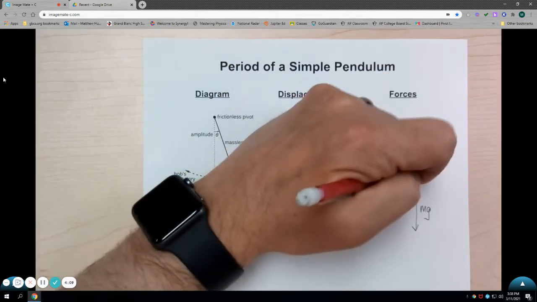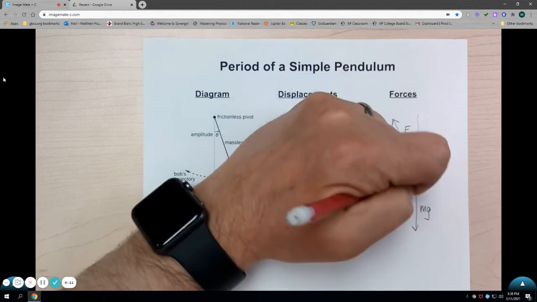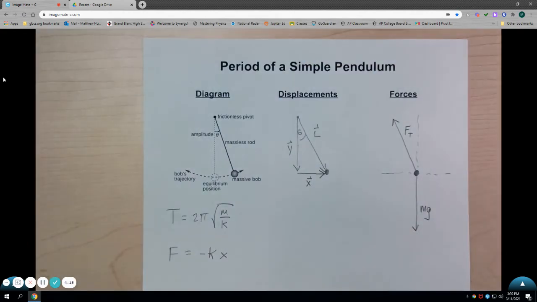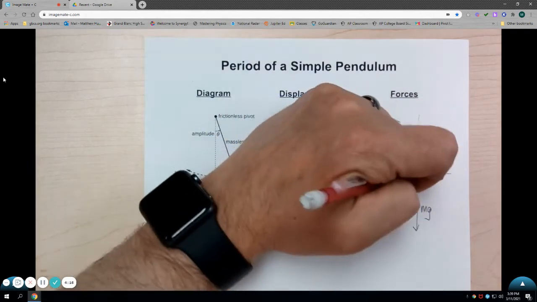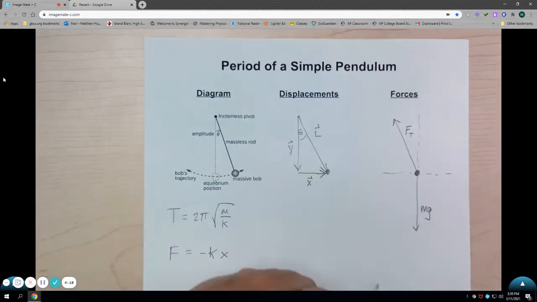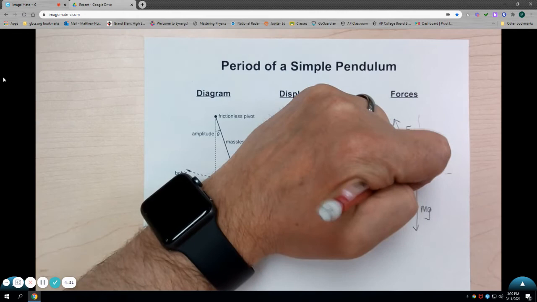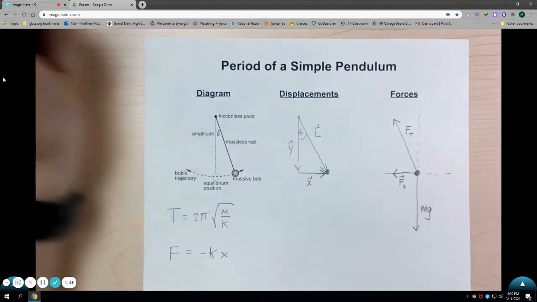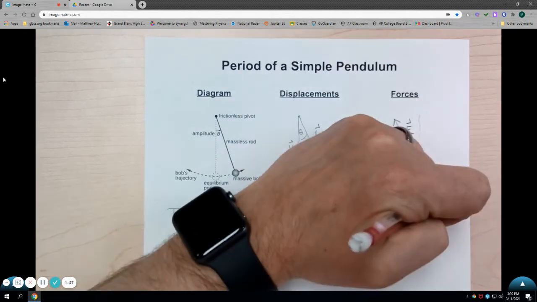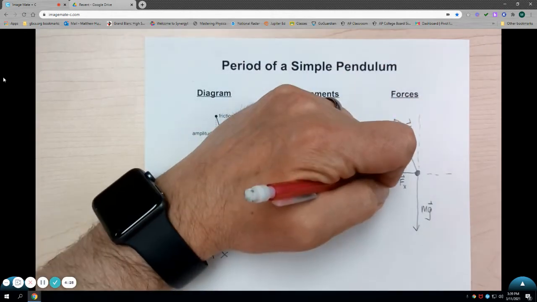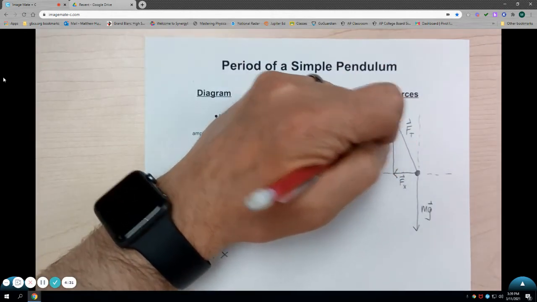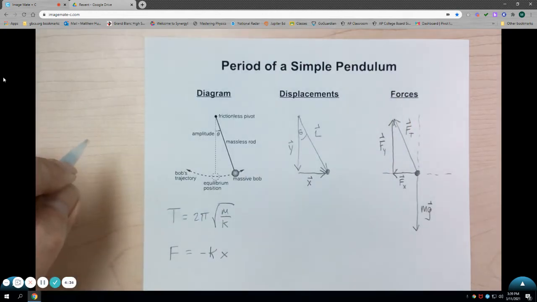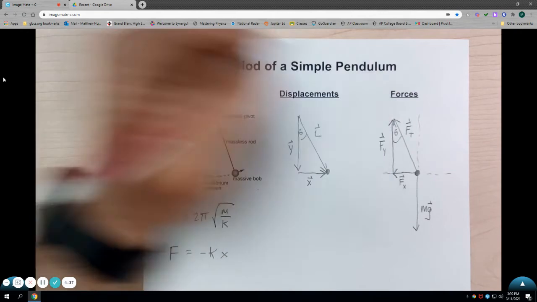Now, since this tension force is at an angle, let's draw on some axes here, I could draw its components. So if this is Ft, that means this is the x component of Ft, and this is the y component of Ft. Once again, this is theta.